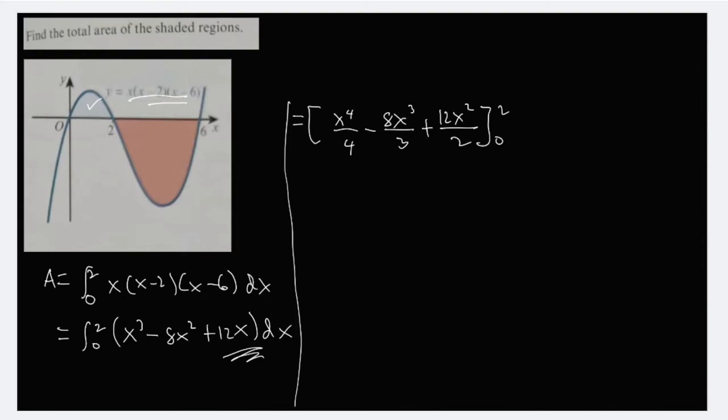Now let's apply f of b minus f of a. Let's start with b, followed by a. So that becomes 2 raised to 4 all over 4 minus 8 times 2 raised to 3 all over 3 plus 12 times 2 squared over 2.